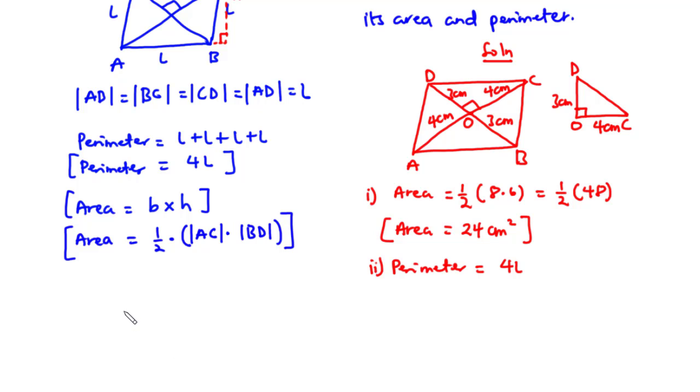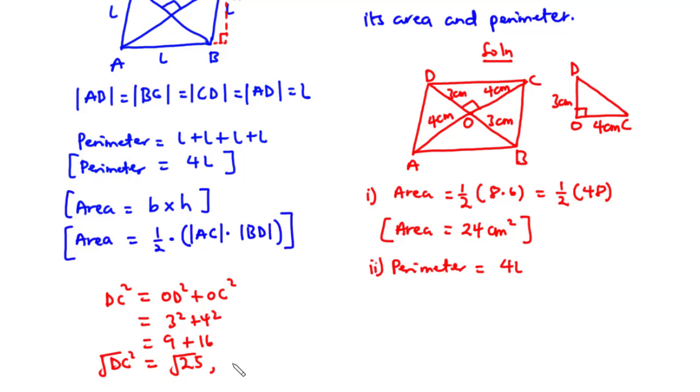So using Pythagoras theorem, we say that DC square is equal to OD square plus OC square. So that is equal to 3 square plus 4 square. 3 square is 9, 4 square is 16. And then we have DC square to be 25. So we take the square root of both sides, and then we have DC to be 5 centimeters.